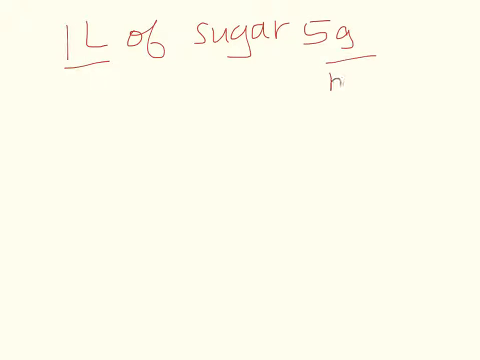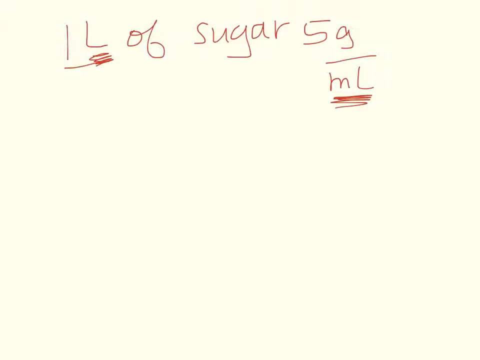Okay, so let's say I want to make a liter of a solution of, let's say it's just sugar, and I want it to be 5 grams per milliliter. But I want a liter of it. The first thing I notice is I have liters over here and milliliters down here.